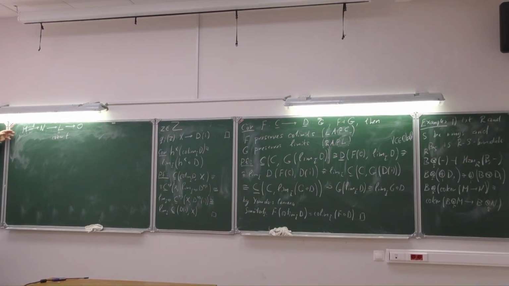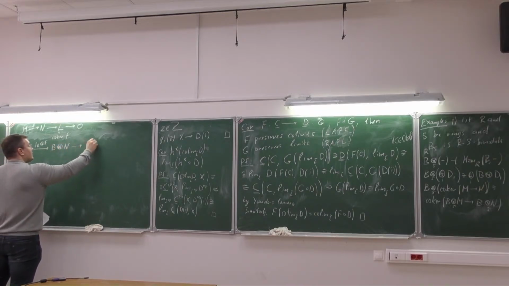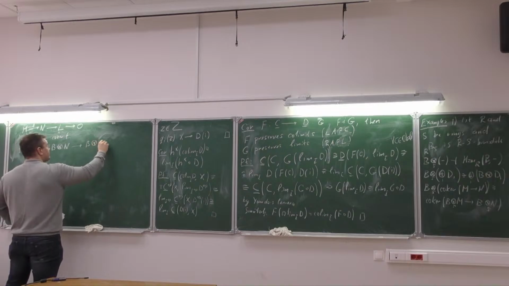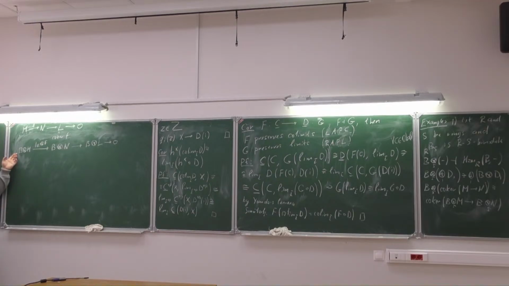But here we can notice that for such a diagram, if I take a tensor product with B, I'll get a new diagram. And this new diagram is still exact, right? This is exactly the preservation of the cokernel.